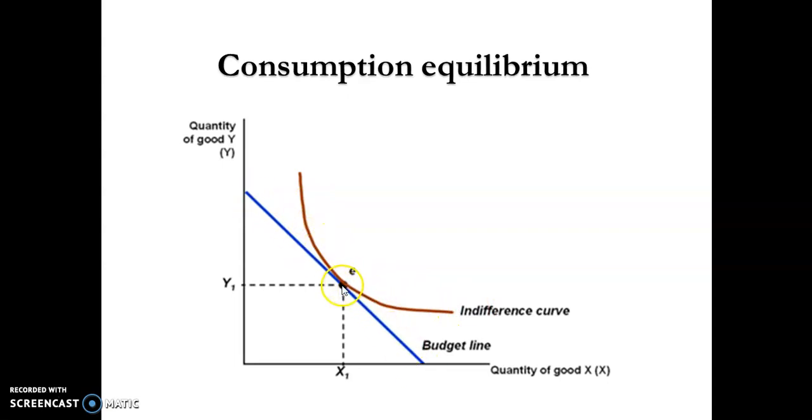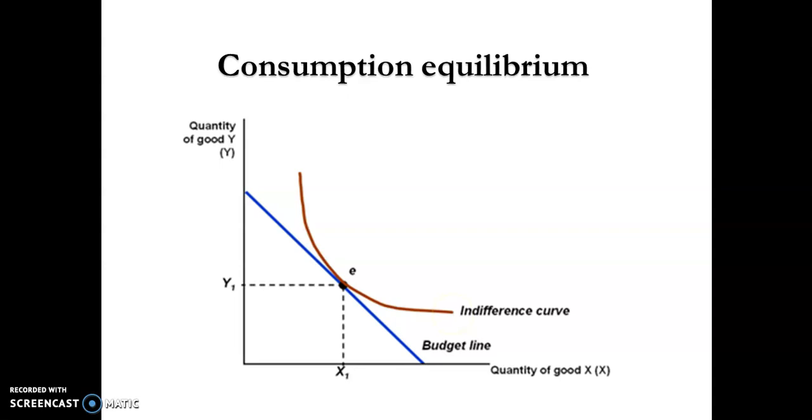And the point of tangency is at point E. So Y1 and X1 indicate the quantities of Y and X that are going to maximize this consumer's utility given this budget constraint. So graphically, we can see our indifference curve is convex in shape, and it has a negative slope, so it slopes downward from left to right. Okay, and the slope is given by the marginal rate of substitution.